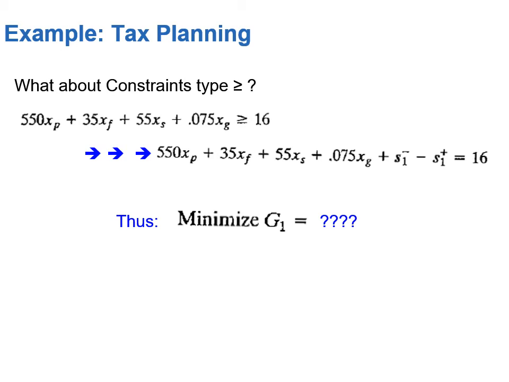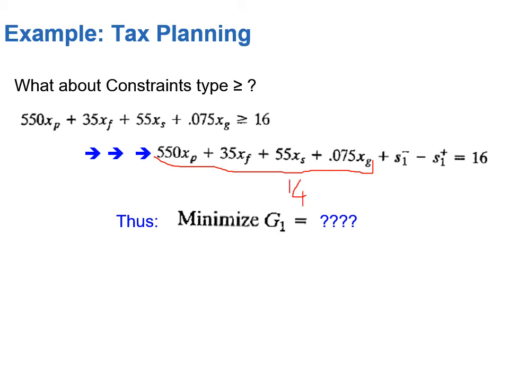But let's try to understand the idea, the logic behind it. Let's consider this first constraint, which was a greater than or equal to constraint. We converted that to an equality constraint by adding these deviational variables, negative deviation and positive deviation. Let's consider what happens in each case. Let's assume that this total summation up to this point appeared to be 14.